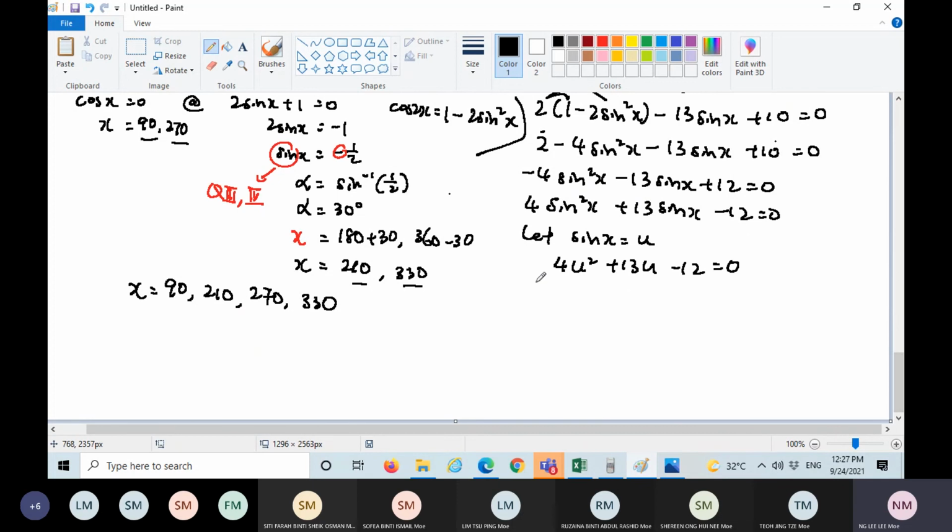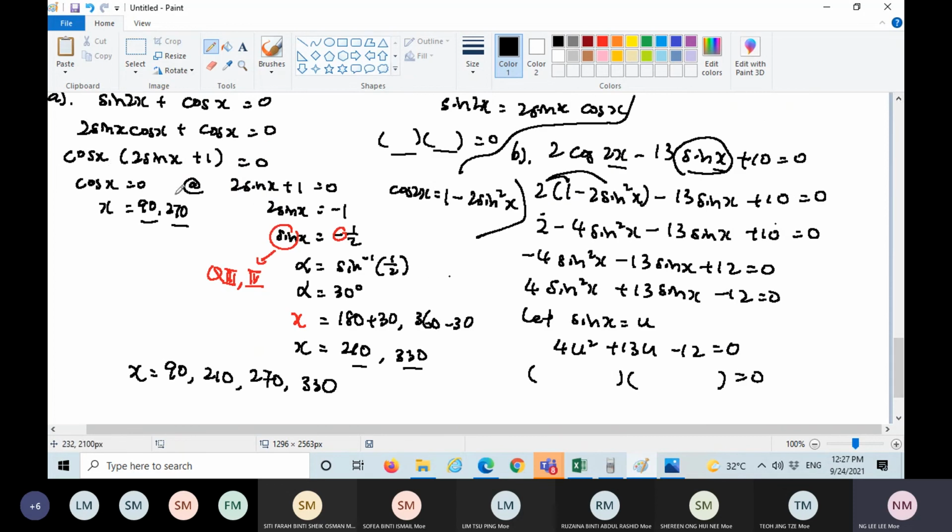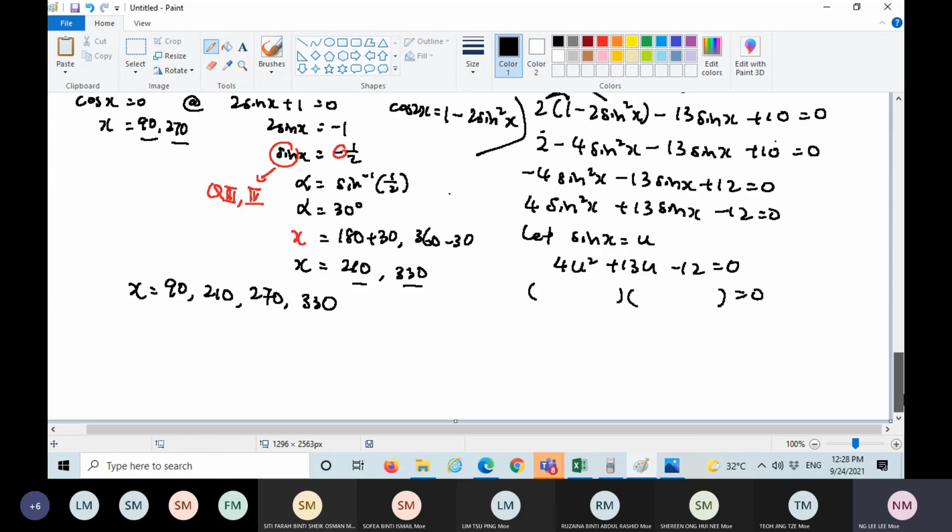Now we come to the factorization. You see, it is similar to question A. Once you do the factorization, the next step is you break it into 2. The complicated one, you break into 2 not-so-complicated ones, then you continue. This is the meaning.